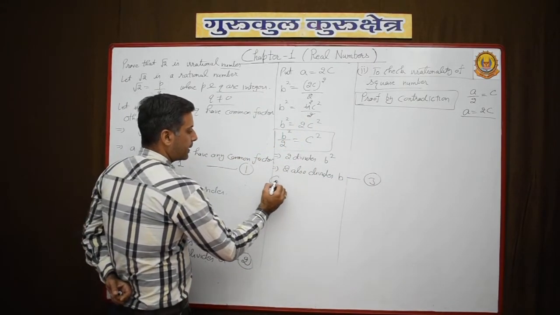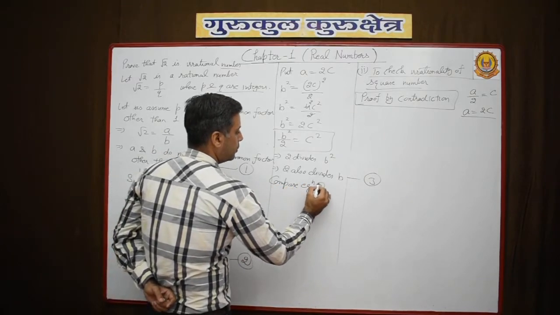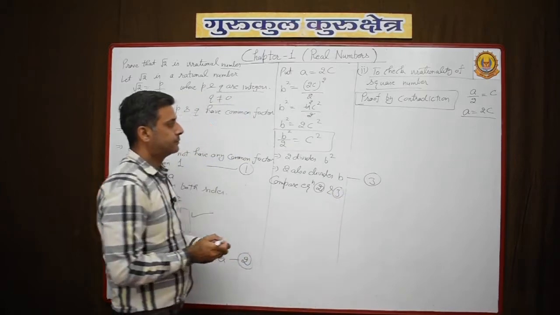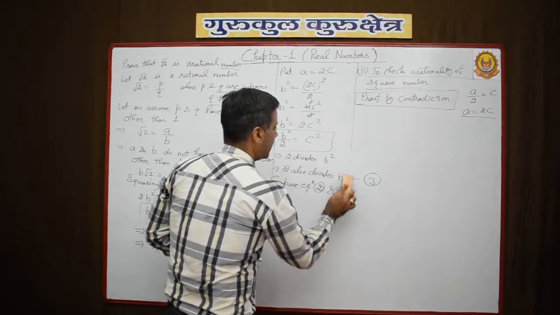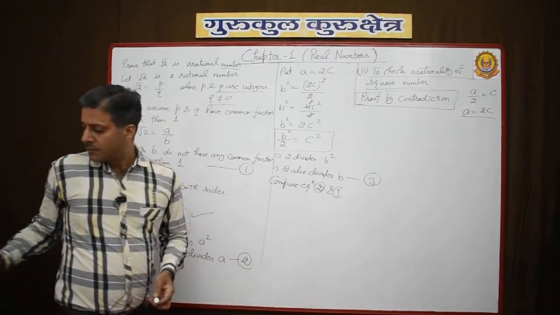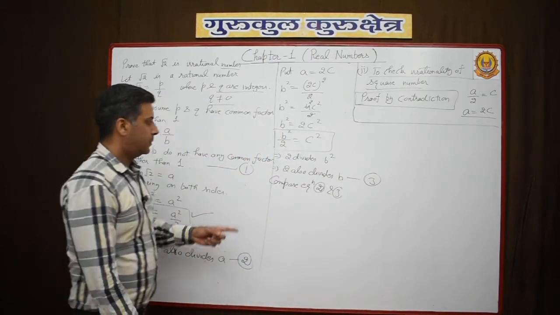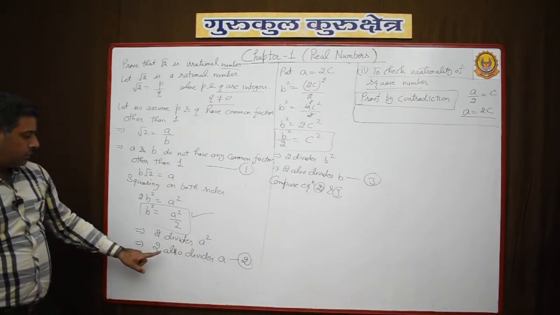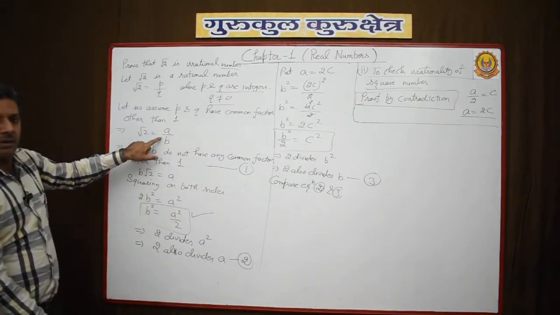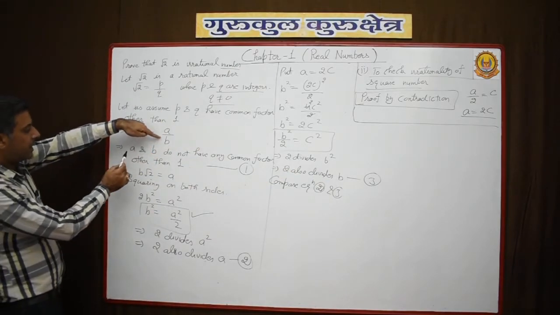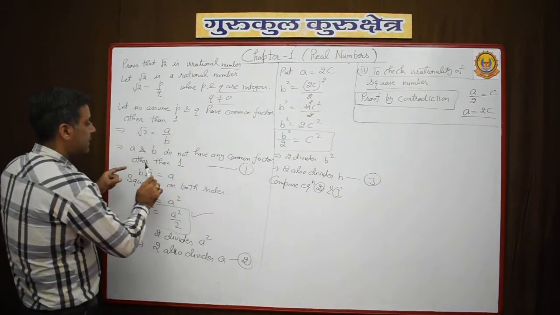So now compare equation 2 and 3. Now compare these two equations, equation number 2 and equation number 3. So what we will get? 2 divides a and 2 divides b. But here we assumed that a and b do not have any common factor other than 1.